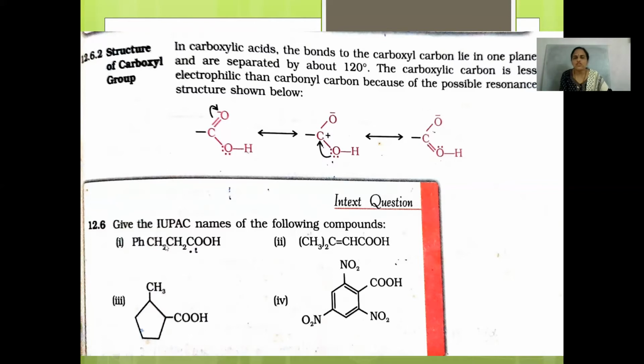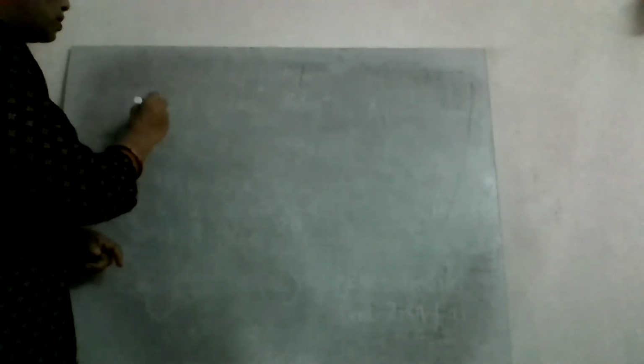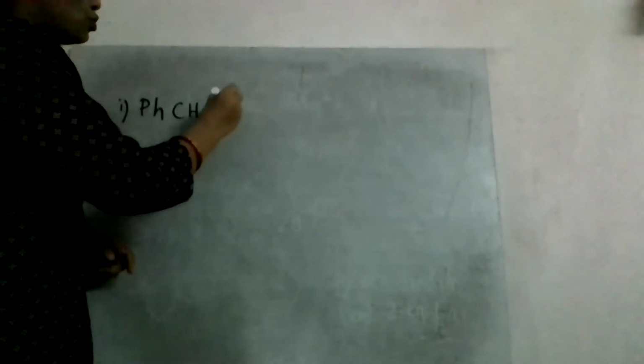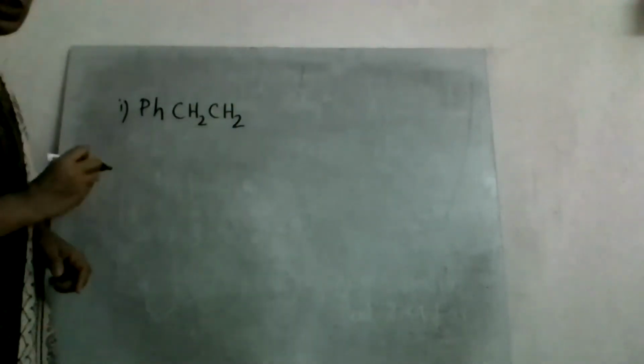Now look at the question. You need to give the IUPAC names of the following compounds. The first question is PhCH2CH2COOH. I'm showing you here on the board the structure. The compound is Ph CH2 CH2 COOH.